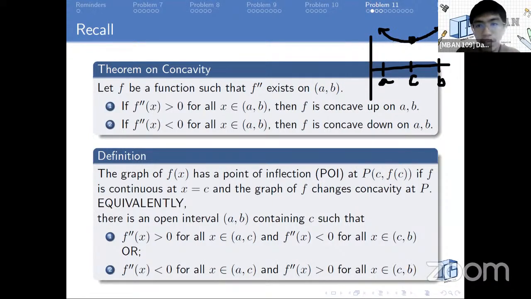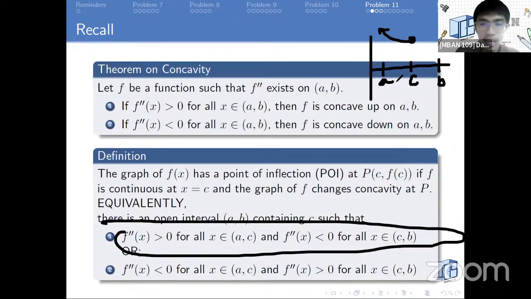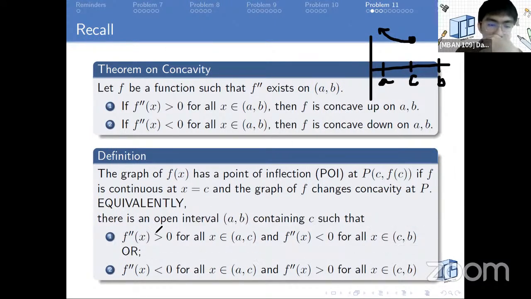Nasabi lang dito na f double prime of x is greater than 0 for x in open interval AC. Tapos f double prime of x is less than 0 for all x in open interval CB. So ang magiging itsura niyan ganyan.